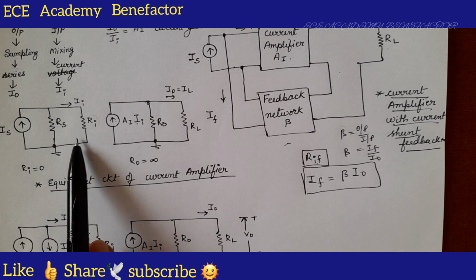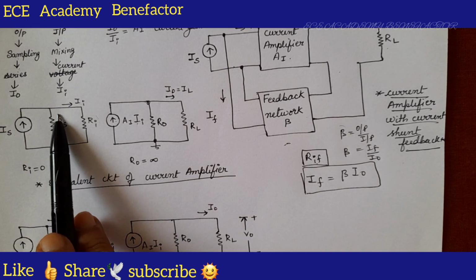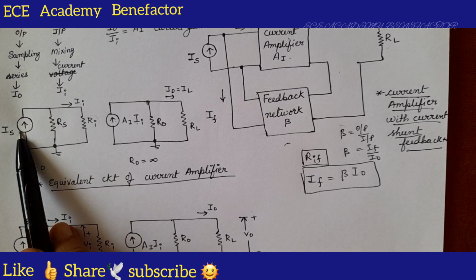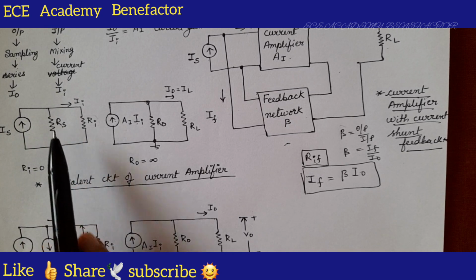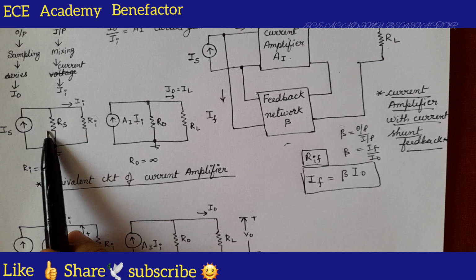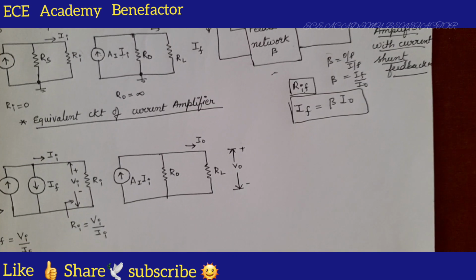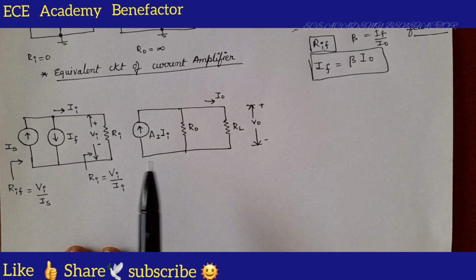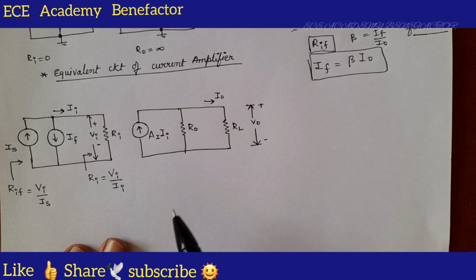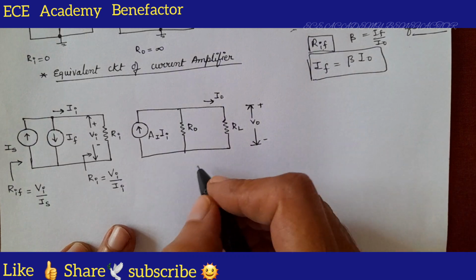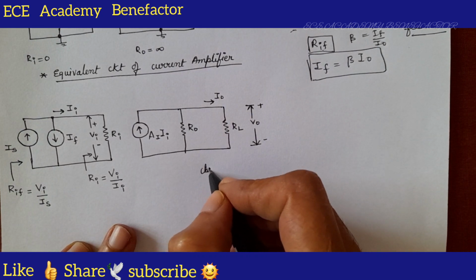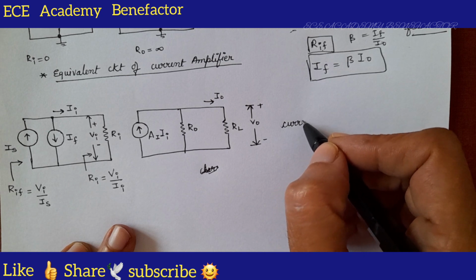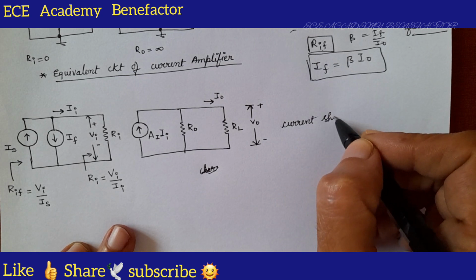In this current amplifier, the negligible resistor RS is the internal source resistance of the IS, which is negligible. So it is taken as 0 and removed, and this is a diagram of a current shunt feedback amplifier.